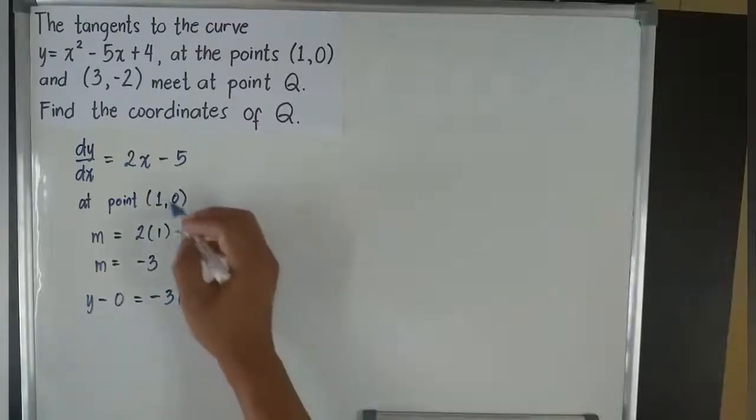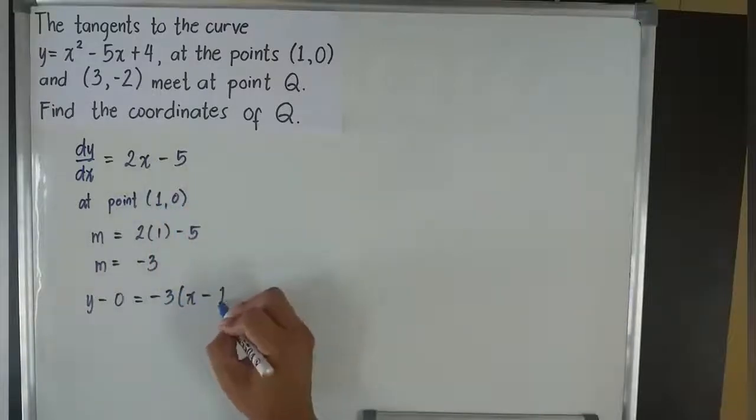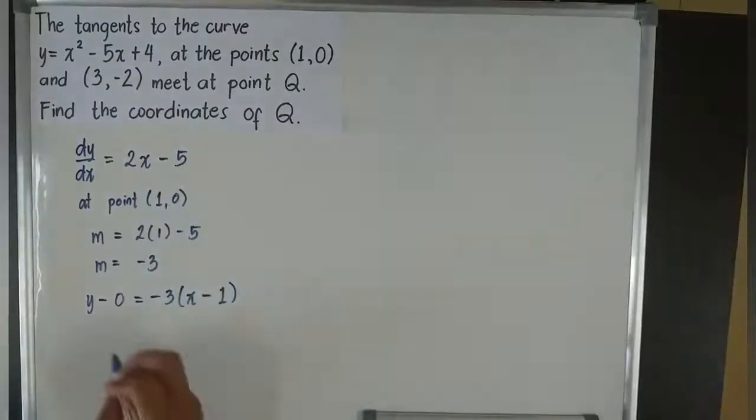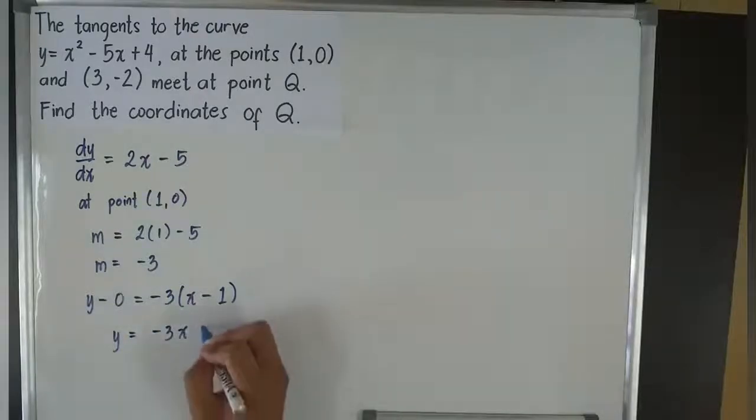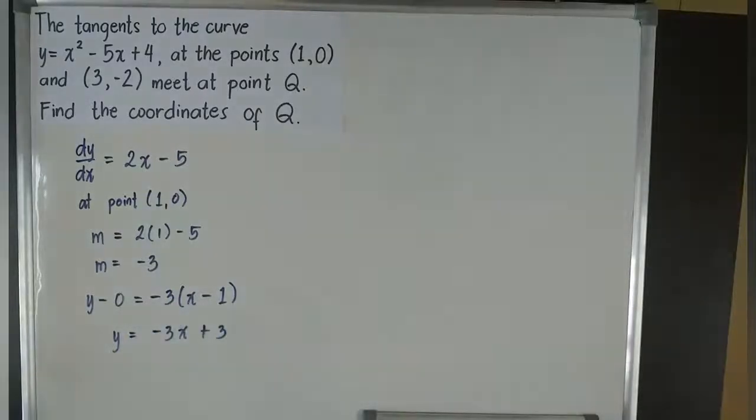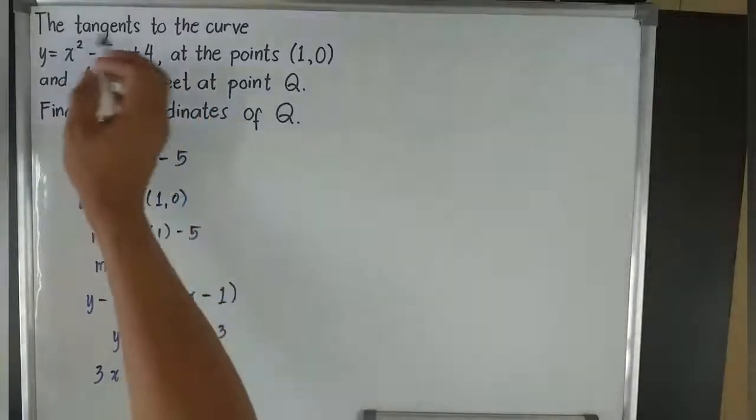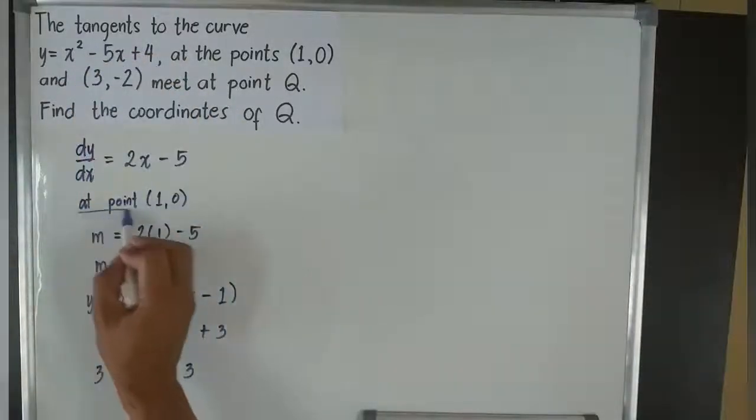Here y1 is 0 and x1 is 1. Thus, it will become y equals -3x plus 3. Therefore, it will become 3x plus y equals 3. This is the equation of the tangent at point (1, 0).